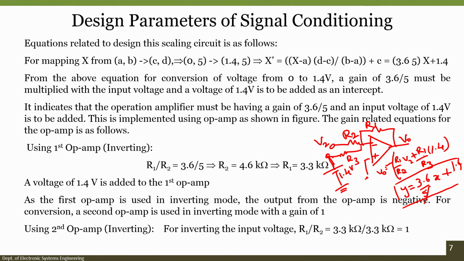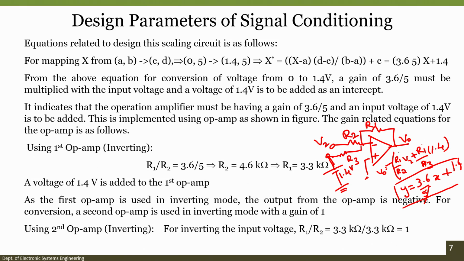Only then can we make this ratio equal to 1, and that is when we get similarity with the equation we have written here. So, now I know that R1 and R3 should be identical, so that my ratio of R1 by R3 gives me 1. Now, let us see how we design R2. You know R1 and R3 should be identical. Now, the ratio of R1 by R2 should be equal to this slope.